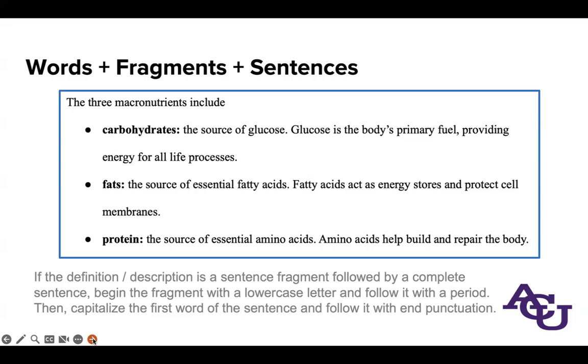Protein, the source of essential amino acids. Amino acids help build and repair the body. So I've got quite a bit of information in my bulleted list. I have a combination of words, sentence fragments, and complete sentences, and each entry is punctuated the same way, and the elements are in the same order to make them parallel.